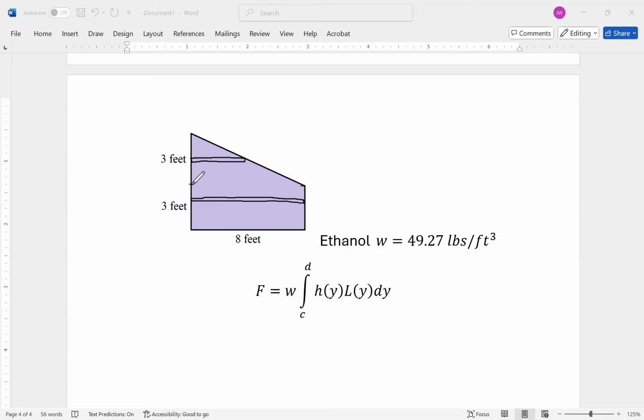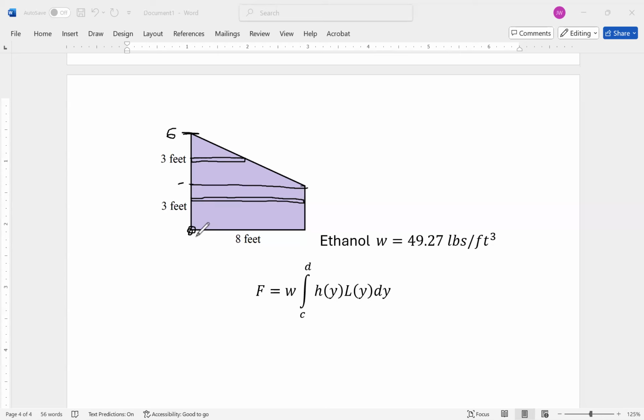So when we do the rectangular portion, that's the bottom part of the tank, I'm going to put the origin right here. Now, with the bottom part of the tank, I still have to realize that the top of the tank has, again, we call it the water line, or in this case, the ethanol line, because we're using ethanol, is 6 feet above the origin.